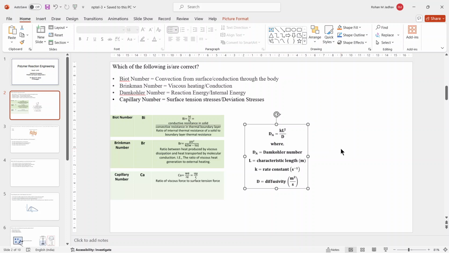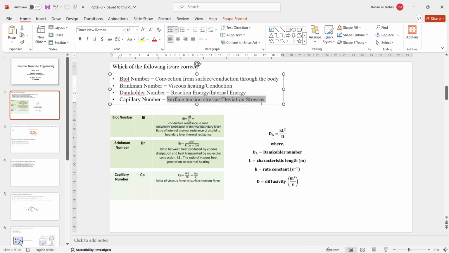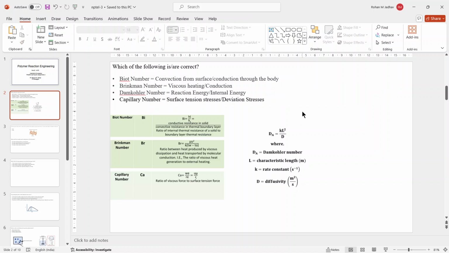This is useful where an interface is formed between liquids, or the liquid is at a surface where the viscous force and the surface tension force act together. But here we have the definition as surface tension stresses to deviation stresses, which is incorrect. So this option is incorrect. The first three are the right ones.